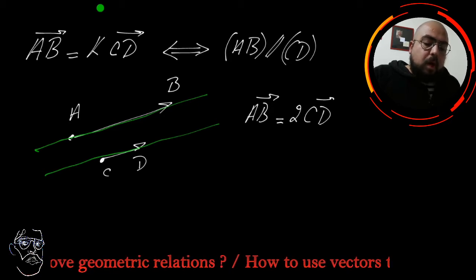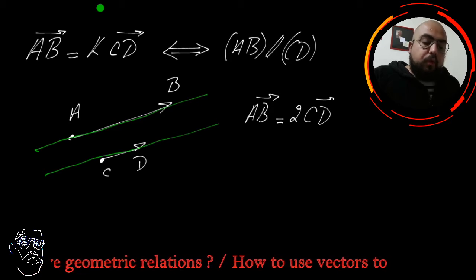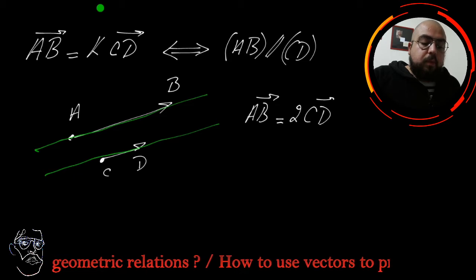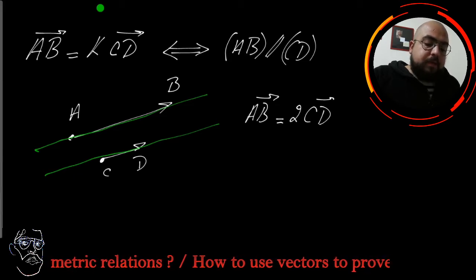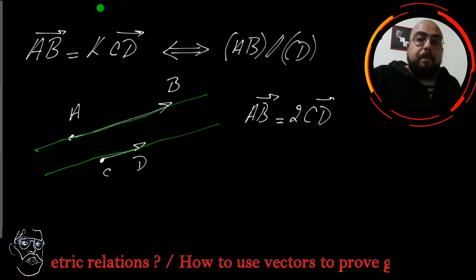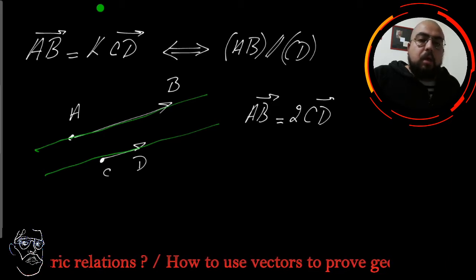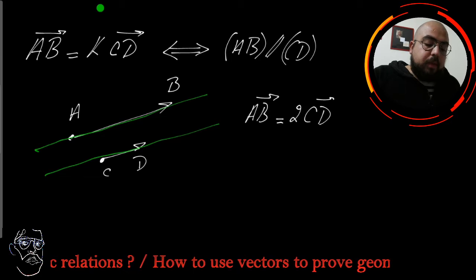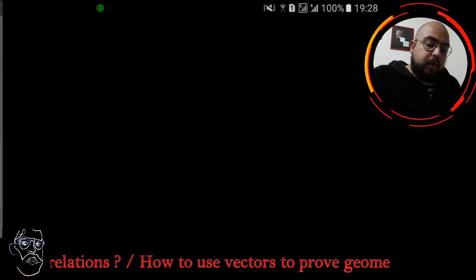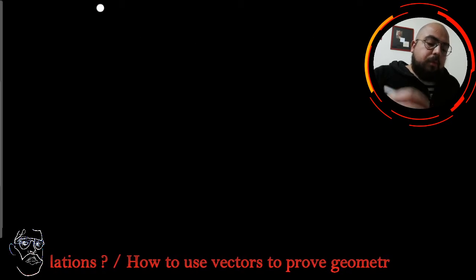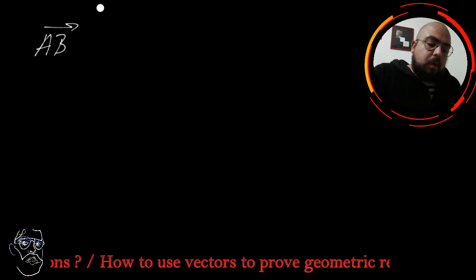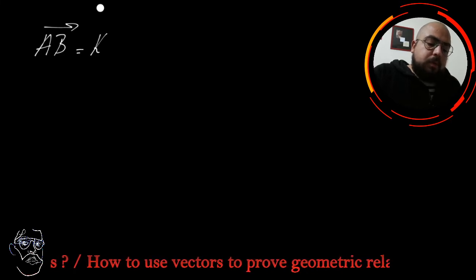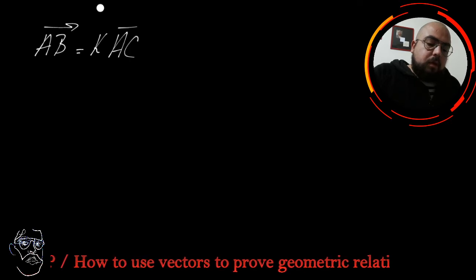Now, what happens if we have a similar relation, just like this one, AB is equal to K times CD, but instead of CD, the point A or the point B gets repeated? So we have a common point. So what happens when we have a common point? Let's say AB is equal to K times AC.